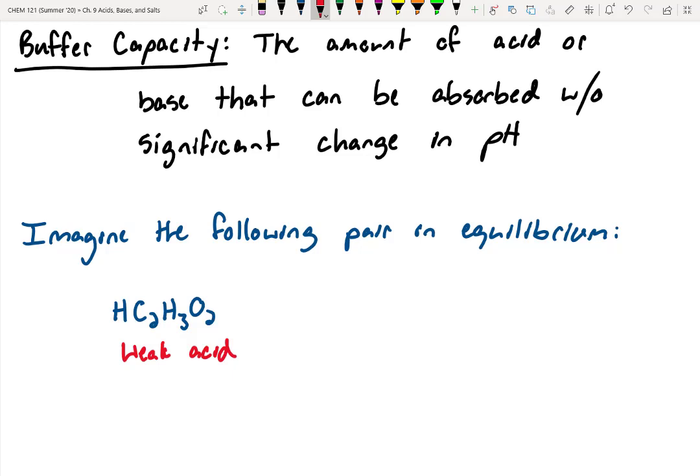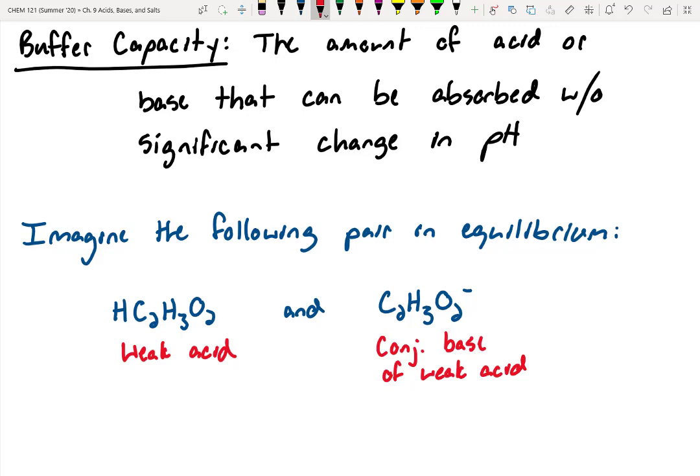All right, so that's going to be in our equilibrium solution, right? And then the other thing that we're going to have in our equilibrium solution is going to be C2H3O2 minus, right? And if you think about this, these look close to one another, right? So this and this are clearly related, right? The only difference is the one on the right doesn't have the proton, which tells me that it's related to the weak acid, and more specifically, it's the conjugate base of our weak acid.